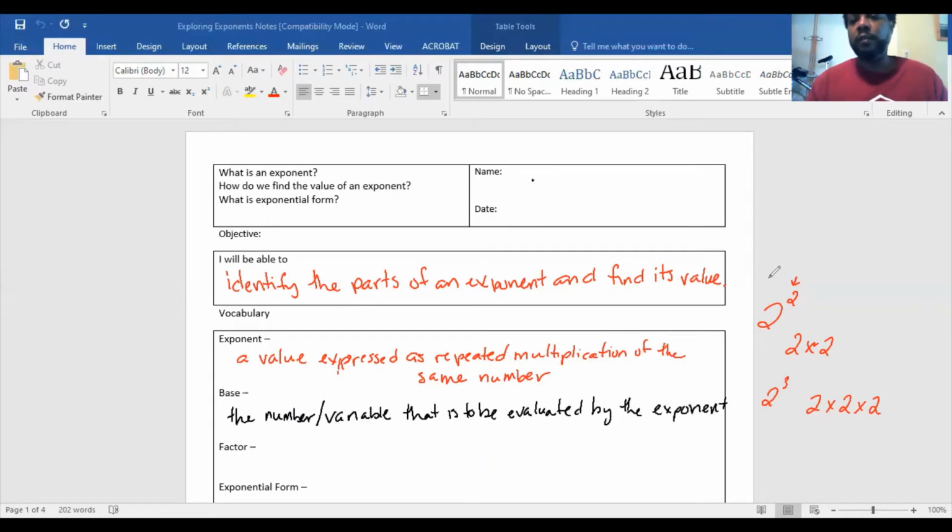So in these examples here, I have 2 to the second power, 2 to the third power. So the 2 here is the base, right? Those 2's there are the base. That is the number that is going to be evaluated by the exponent.